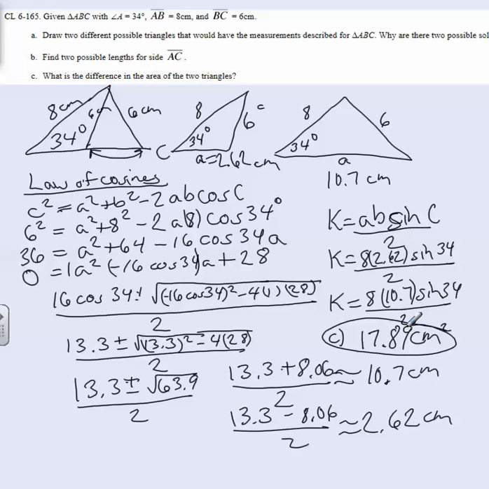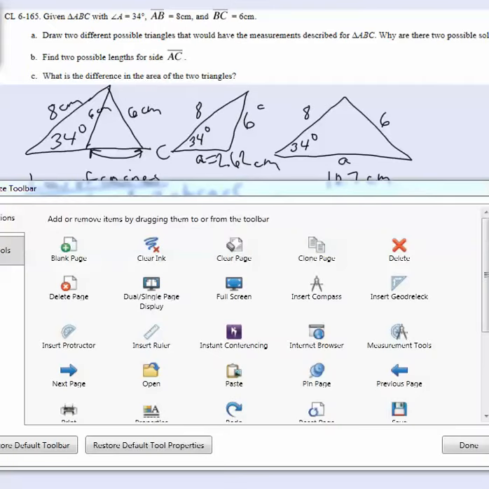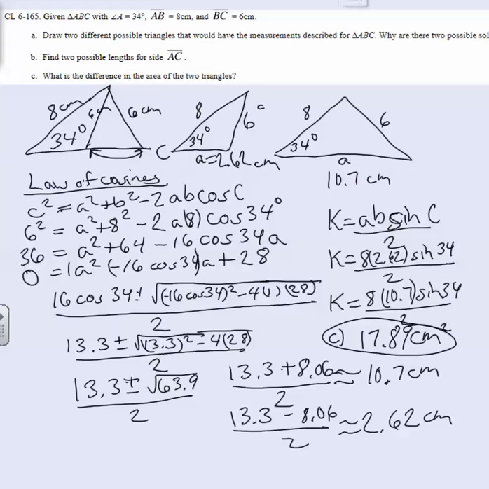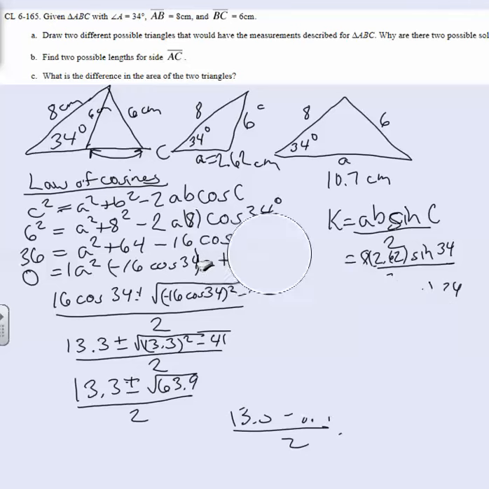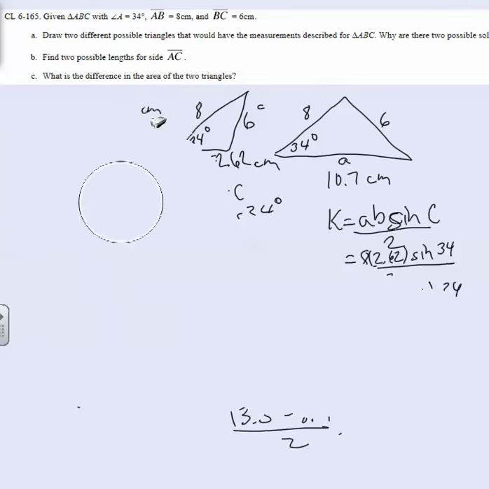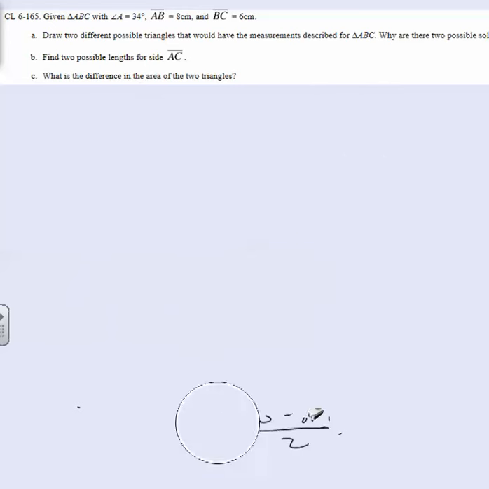Okay, now I'm going to do a quick demonstration of finding the two different triangles using the law of sines instead. So let's get some more space here. There we go. Okay.